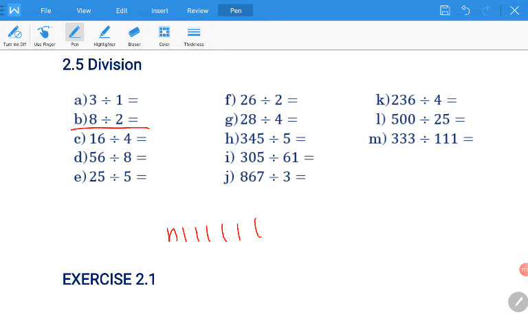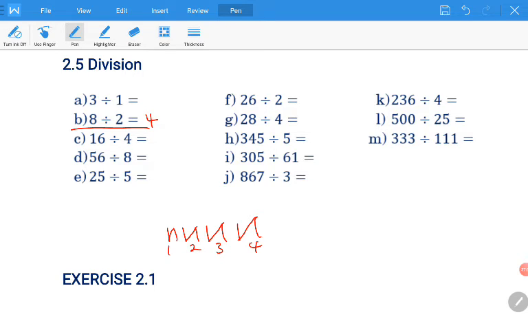So this is a group, this is a group, this is a group, this is a group. How many groups do we have at the end of the day? We have 1, 2, 3, 4. So if we divide 8 by 2, we get 4.